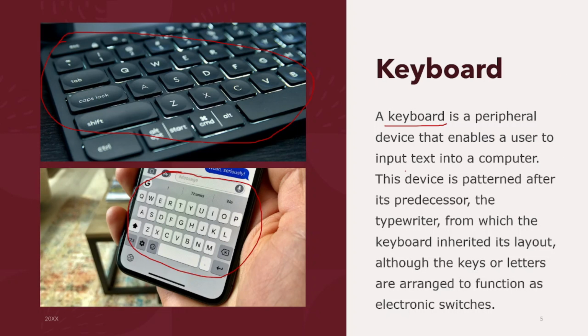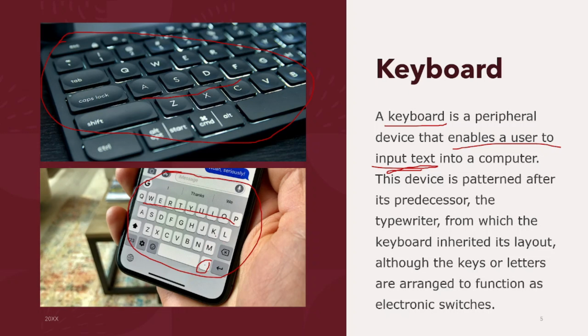So it says that a keyboard is a peripheral device that enables the user to input text in a computer. As you can see, our keyboard has the letters of the alphabet, and it has signs or special characters for the computer to read. What we call the period, comma, parentheses, and so on and so forth, those are special characters, because characters are usually just the letters of the alphabet.